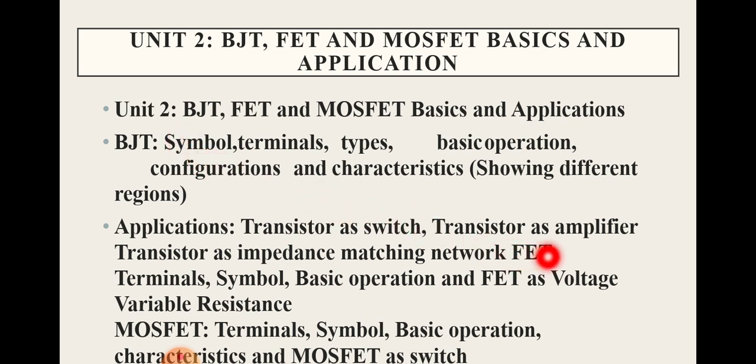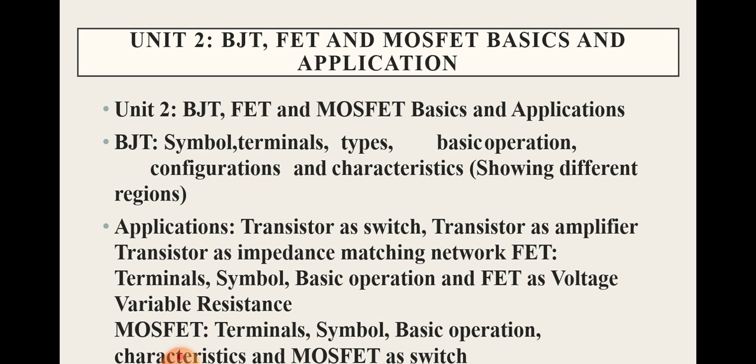So in the next point, the second transistor is FET, that is field effect transistor. Similar to the first topic, we are going to study the basics of FET, that is terminal, symbol and operation. And FET as a voltage variable resistor is the application of FET. The third transistor is metal oxide semiconductor field effect transistor, that is MOSFET.